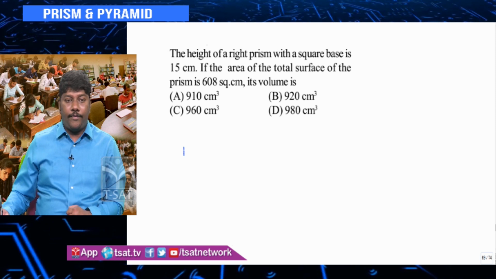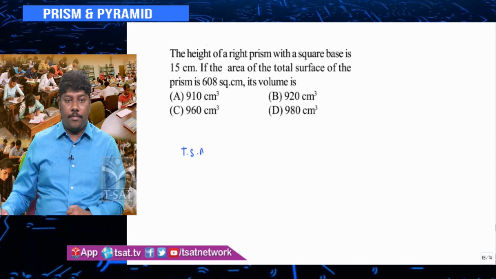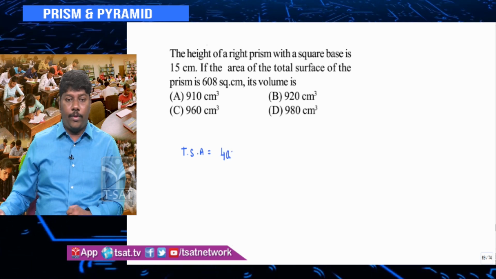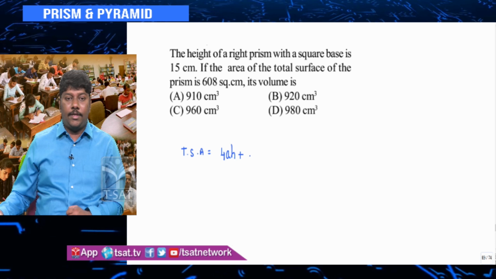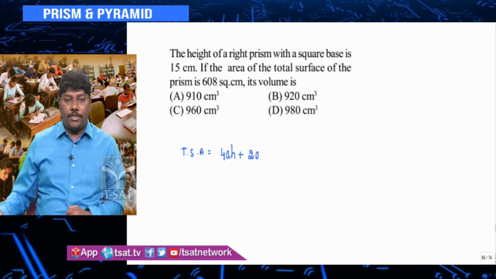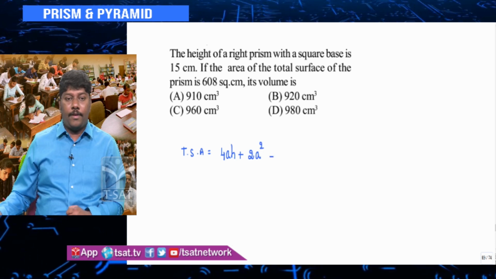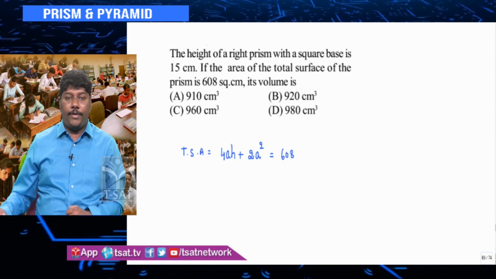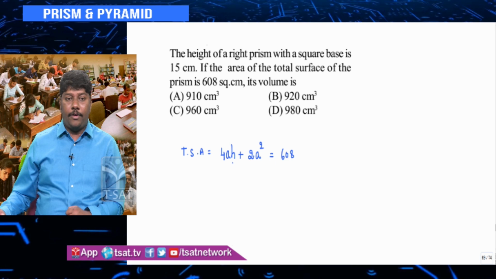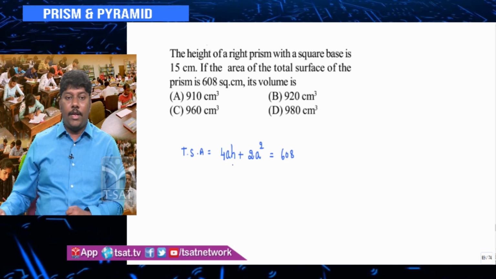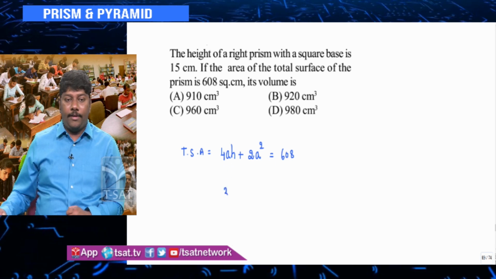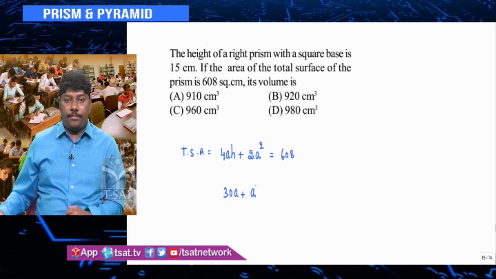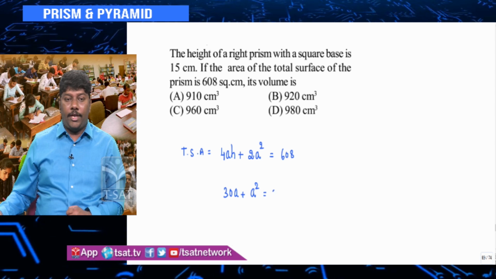We know total surface area is perimeter of the base, which is 4a, into height h, plus 2 into base area, which is 2 into a square, the area of a square, equal to 608. Substitute the value of h, divide everything by 2. Value of h is 15. So if 2 is gone, 15 into 2 is 30a. This 2 is gone, plus a square is equal to 304.